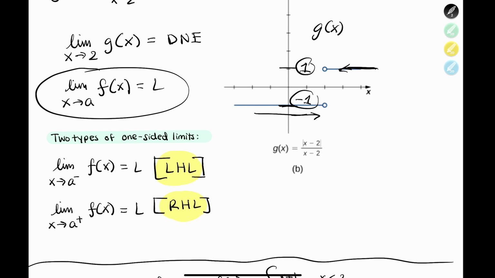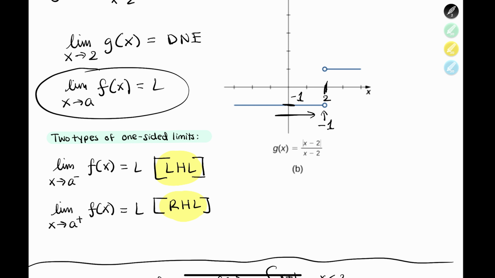So the first type is the limit of f of x as x approaches a, and then we have this little negative sign on top of a, and that indicates that it's coming from the left side. The limit of x approaching a from the left side of f of x is equal to L. And so in the case of g of x, the left-hand limit, as we're approaching 2 from the left-hand side, we're actually approaching the value of negative 1, because this is negative 1 over here.